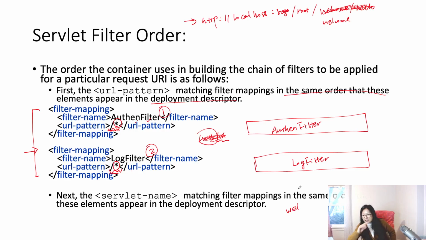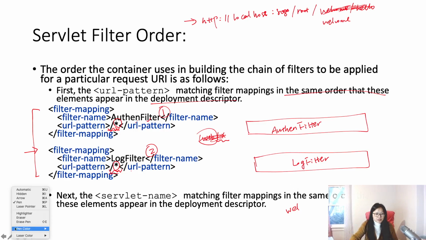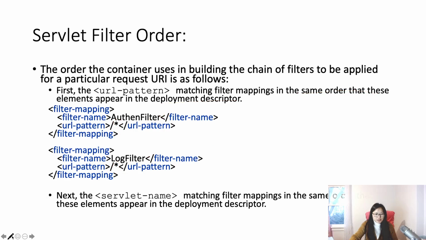Sorry, if I draw here, my face will cover that, so I want to redraw a little bit. Now let's have our URL come, which is http://localhost:8080 and context root /welcome, which goes to the welcome servlet. So here we will have a servlet called the welcome servlet.